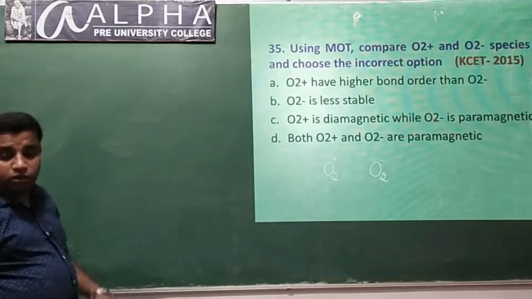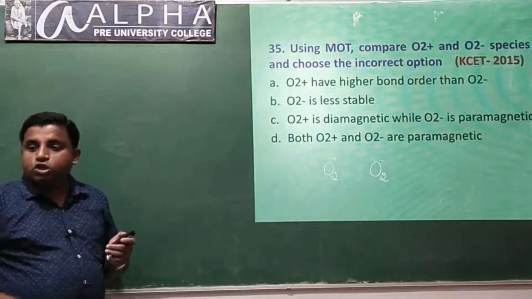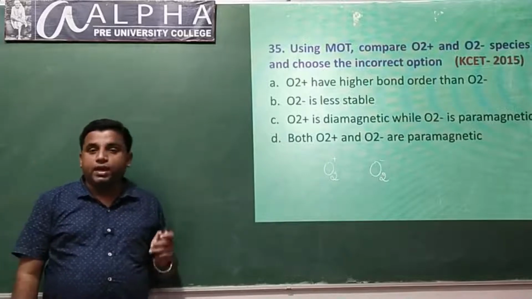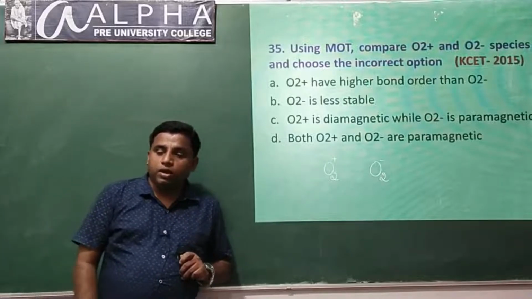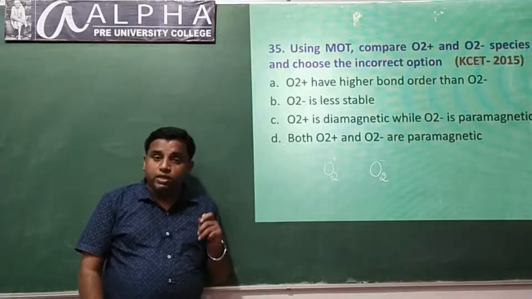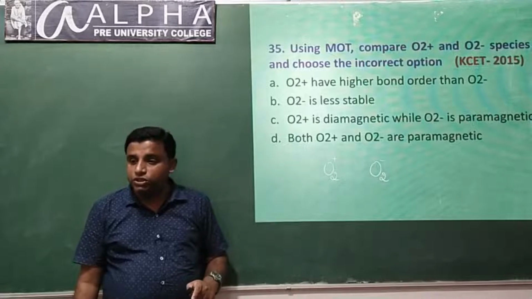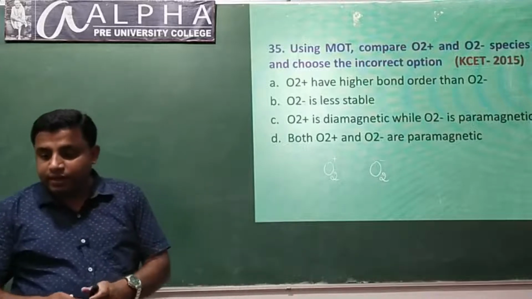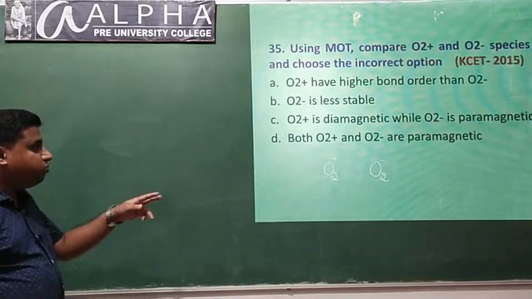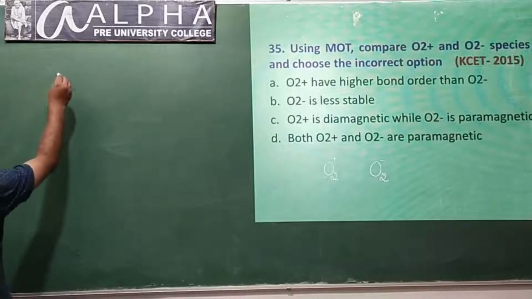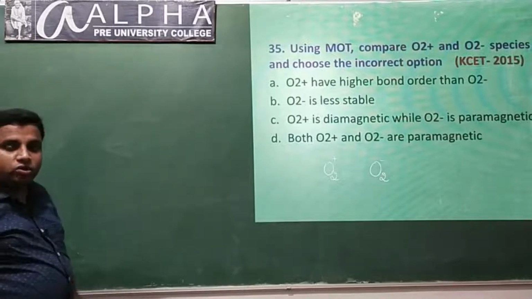The question clearly says using MOT. MOT means molecular orbital theory. Using MOT, we have to compare O2 plus and O2 minus species and choose the incorrect option. For MOT, we have to write the electronic configuration.